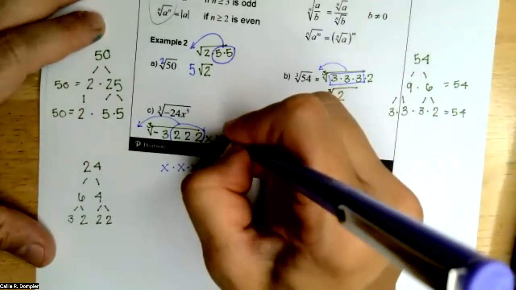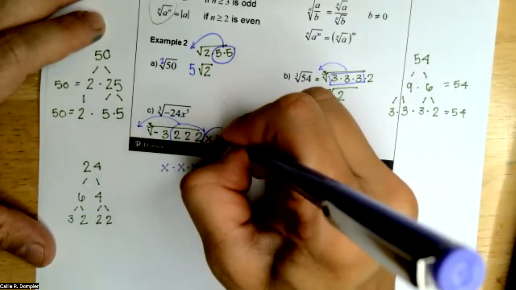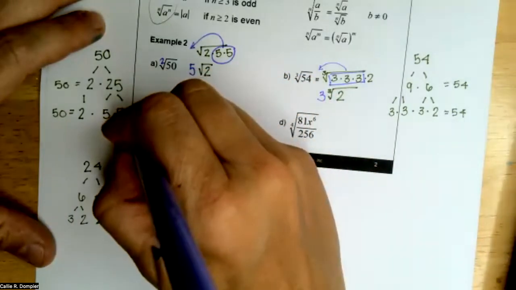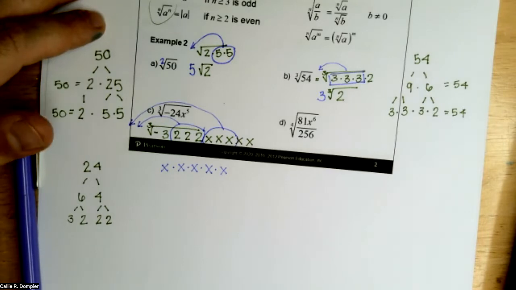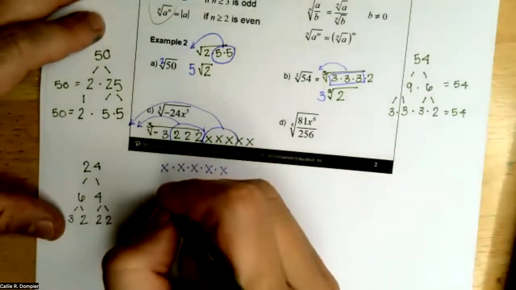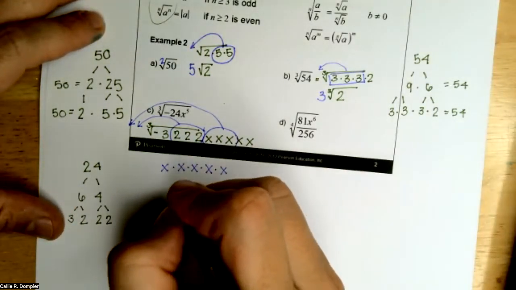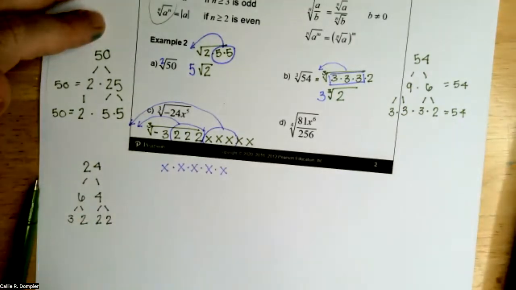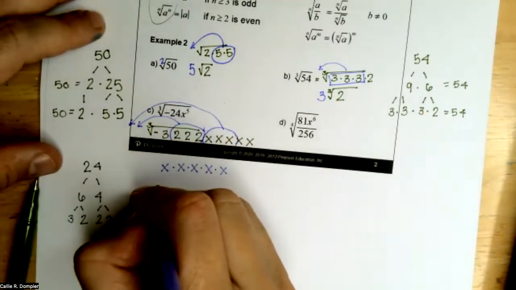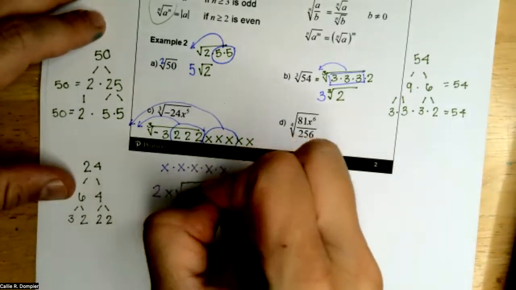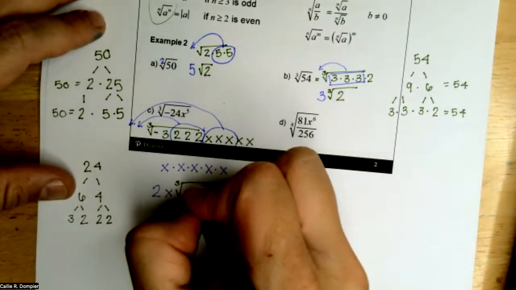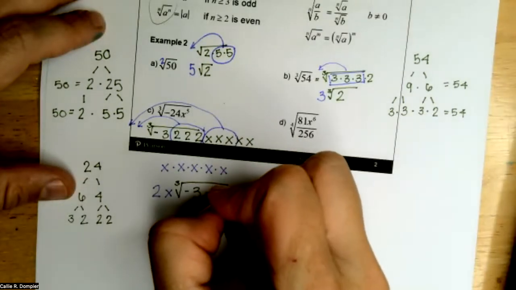This can go out in front. So now I have 2x times the cubed root of negative 3x squared.